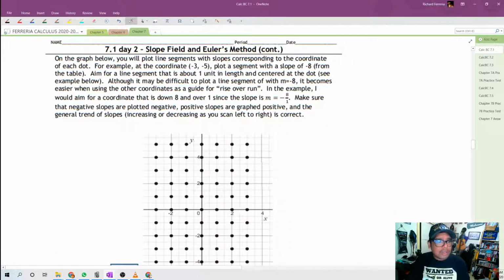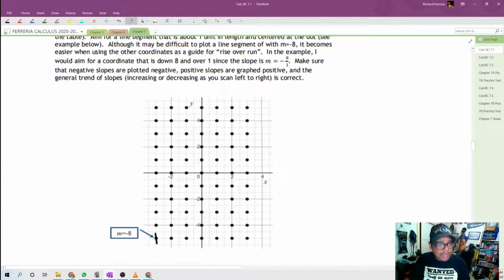There's some tips over here like aiming the segment, but basically you're going to get a coordinate that has the slope that we got in the chart. So we said previously that at 3, 4, the slope is 7. So here's 3, 4 right here. Let's see, 1, 2, 3 across, 4 up. Here's 3, 4, and the slope is going to be 7.